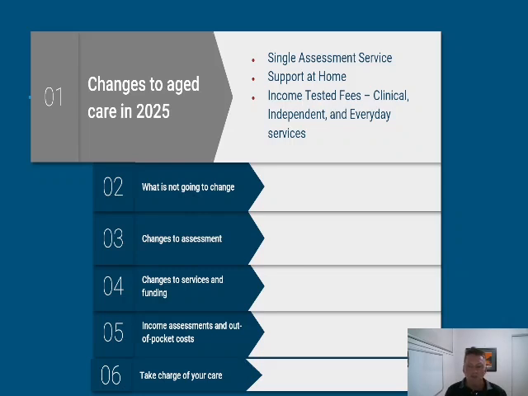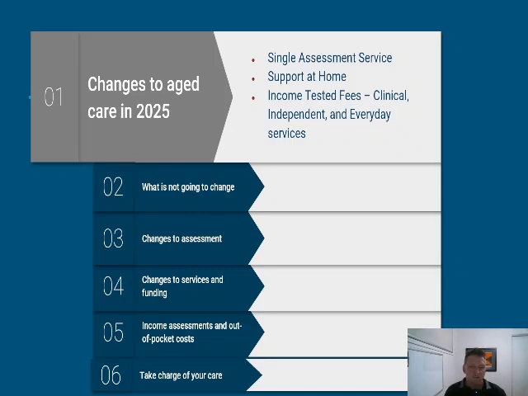There's going to be more limits to the types of services. For example, the home care package funding allowed you to fund everyday items like frozen meals, continence aids, and even some left-field items like vacuum cleaners and Roombas, whereas the Support at Home program is going to have predefined services, and you can only use those services to get funding.